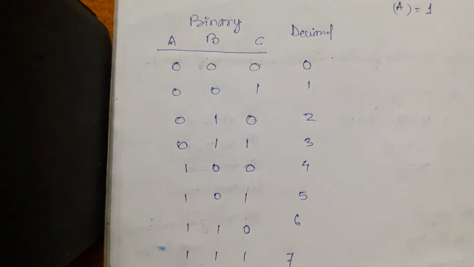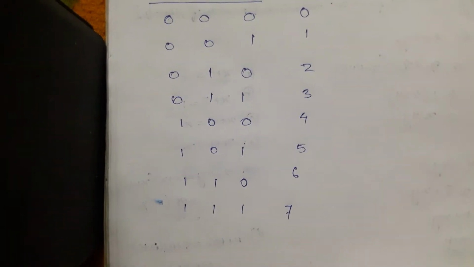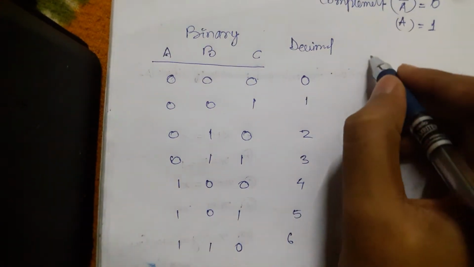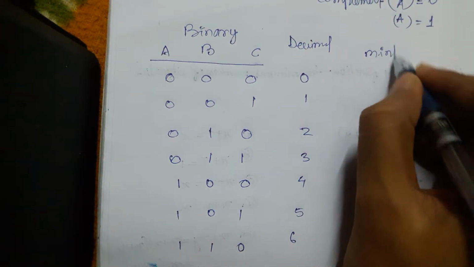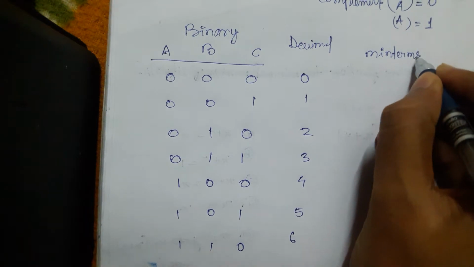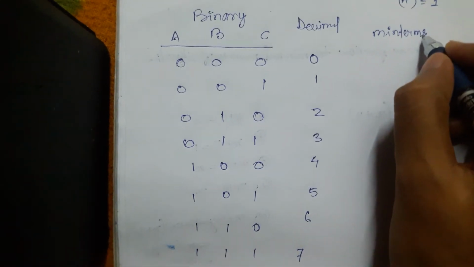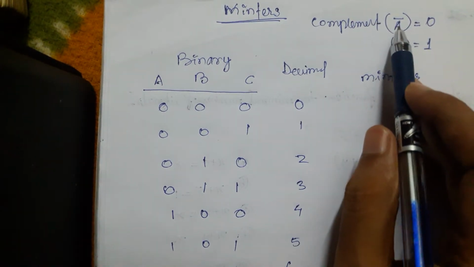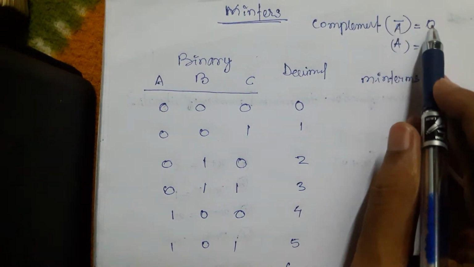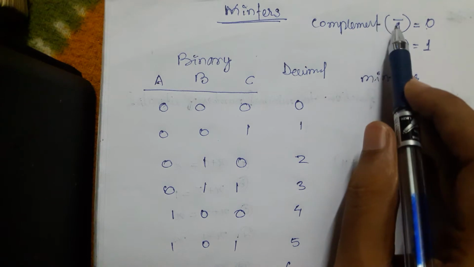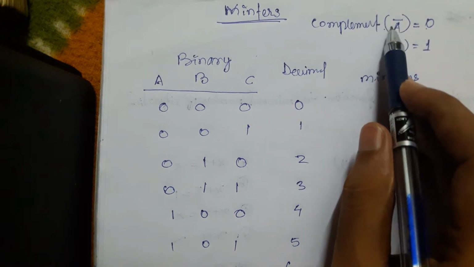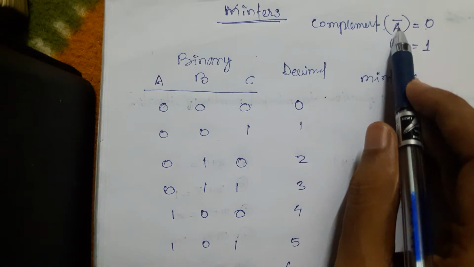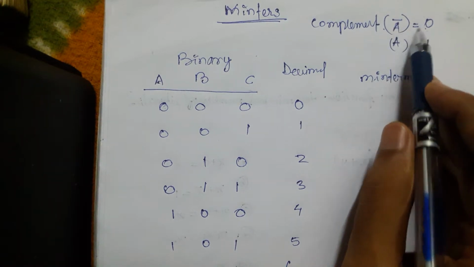Now, what about min terms? As I have already said, the complement, a bar or a prime, means 0.